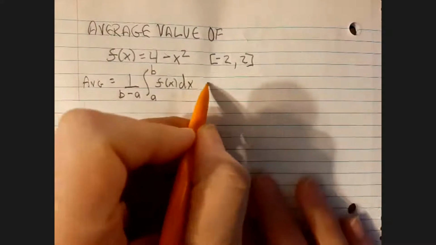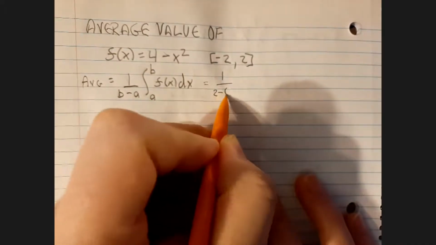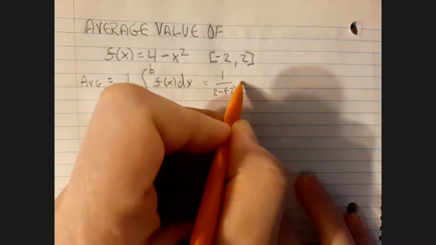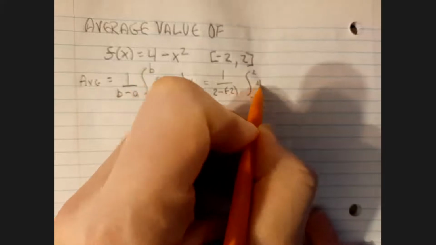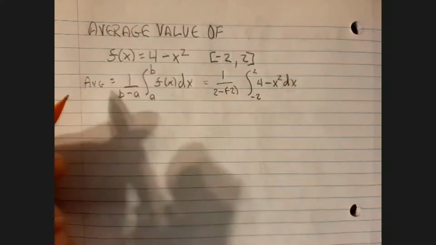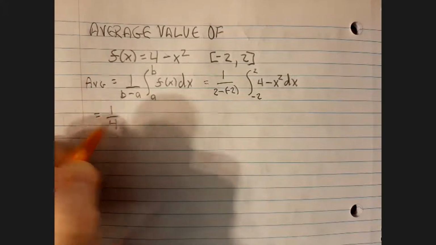For our particular situation, it's 1 over 2 minus -2, b minus a, times the definite integral from -2 to 2 of 4 minus x squared dx. This fraction right here can simplify to 1/4.